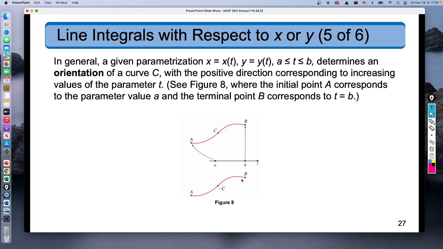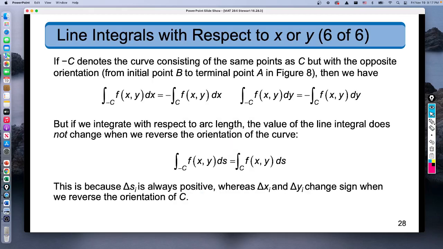Now, if you were to go from B to A, so in the reverse direction, the parameter is now negative. Notice it really is the same thing, but gives us a negative this way, so that would switch the boundaries, and so we come up with a nice little rule that helps us out.